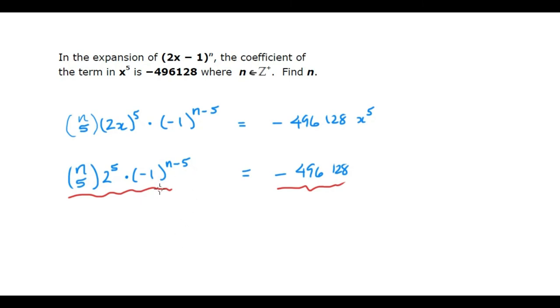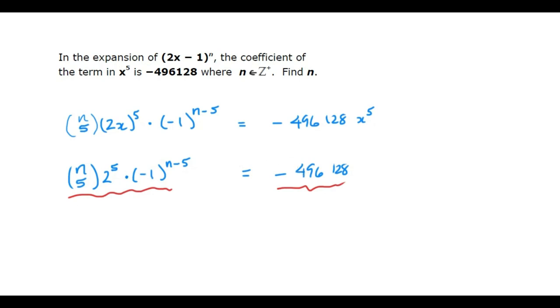So let's just realize that depending on what n is, if n is odd, let's take a concrete number like 9, then 9 minus 5 is even, so this will just be a plus 1. If n is even, like the number 10, 10 minus 5 is odd, so this would be a negative 1. So it's just going to affect whether this is a positive or a negative coefficient.